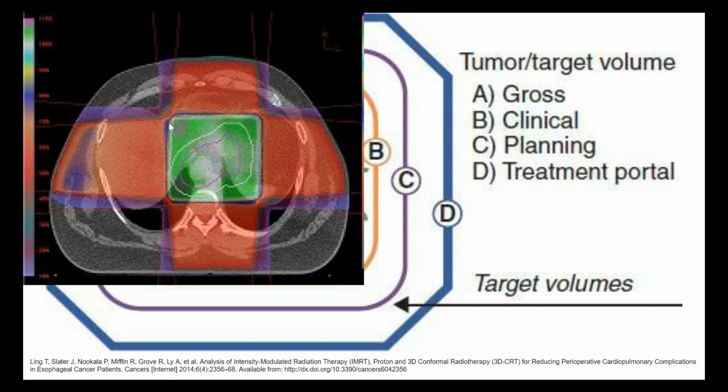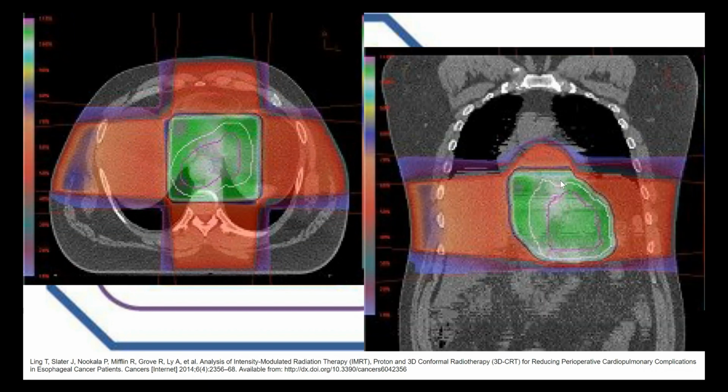And to treat this planning target volume, this is the treatment portal of the beams that we have opened up. This is how the beams are coming. There are 4 beams: anterior, posterior, and bilateral. So this is our treatment portal, while the entry beam, the exit beam, all this area which is being irradiated is the irradiated volume. Similarly, you can see it in this picture as well: the gross tumor, the clinical target volume, the planning target volume, the whole of the treatment portal, and the irradiated region.